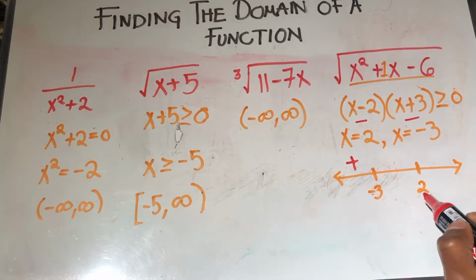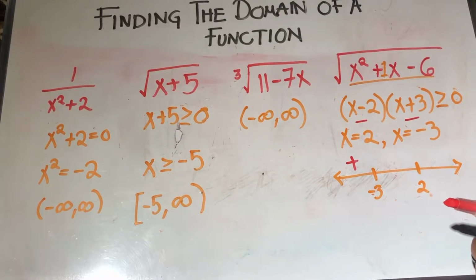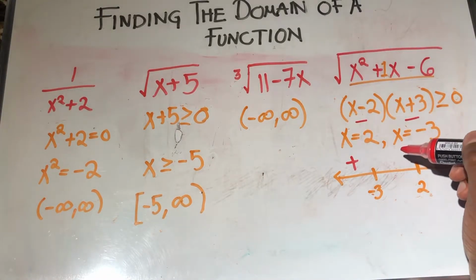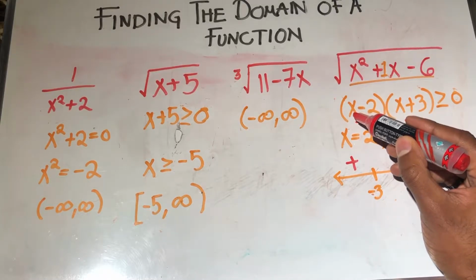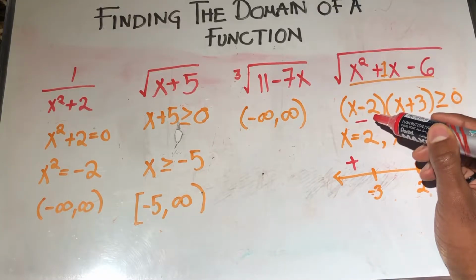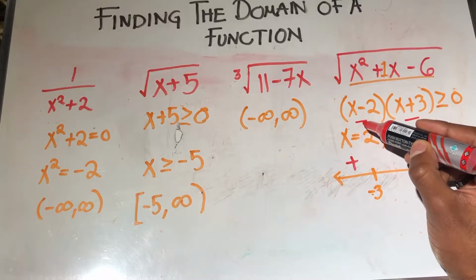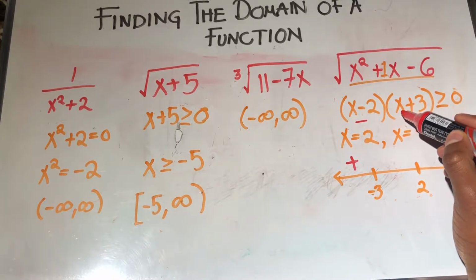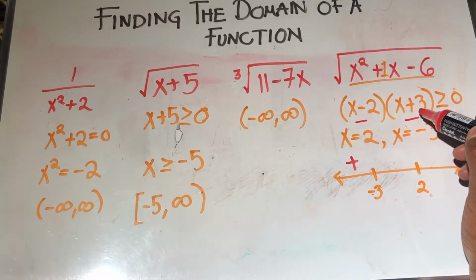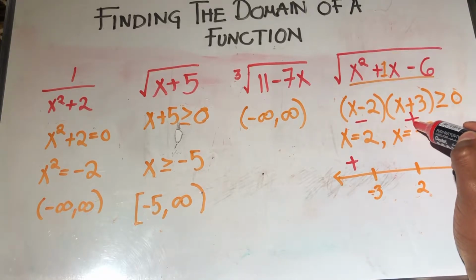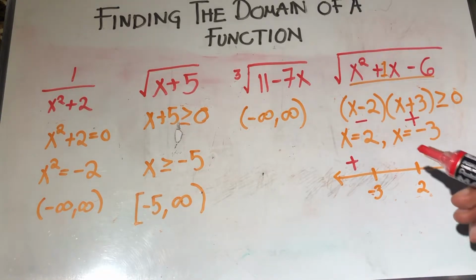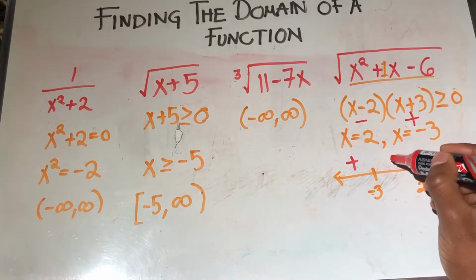Now between -3 and 2, the easiest number I can choose is 0. So 0 for x minus 2 is going to give us negative, and 0 for x plus 3 is going to give me positive. If you multiply both signs, we're going to get negative.